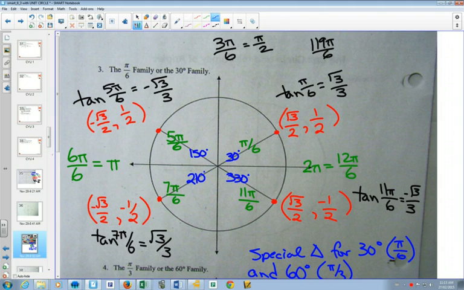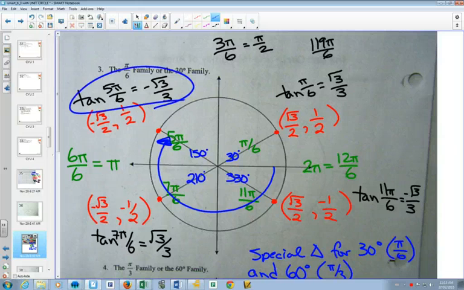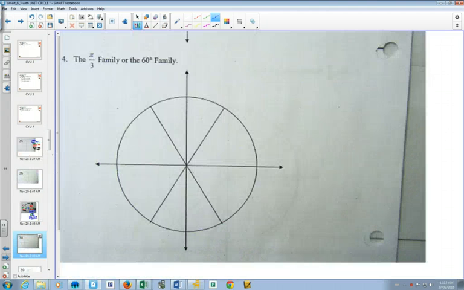Here we've got 7 pi over 6, right? So when I'm going negative, I have to kind of go into the third quadrant. Negative-wise would go like this. It would end in quadrant 2. So tan of negative 7 pi over 6 will be the same as tan of 5 pi over 6. Okay. Pi over 6 family is done.